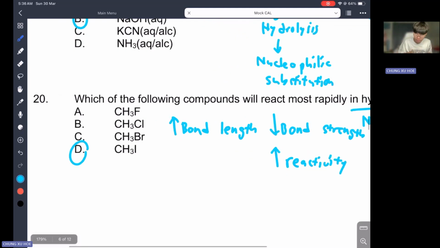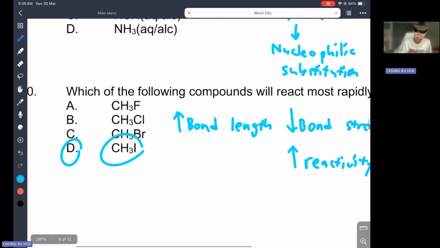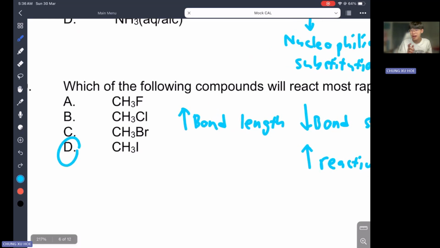So in this case, CH3I has the longest bond length. However, CH3F has the shortest bond length. So talking about CH3I, since it has such a long bond length, that means its bond strength is going to be weak. So when the bond strength is weak, it's easier to break. That means more reactive.